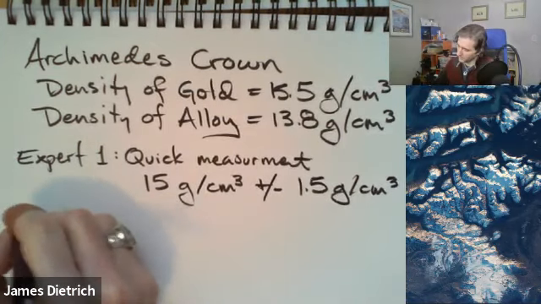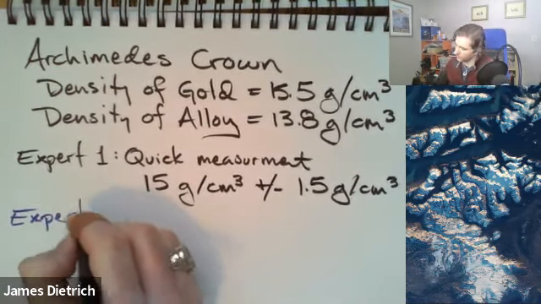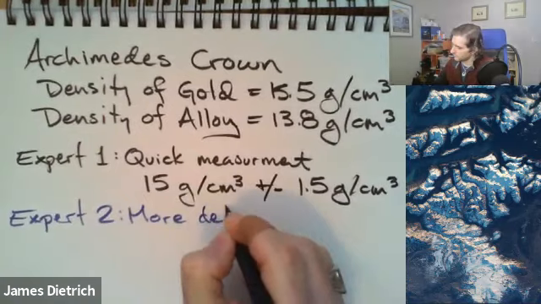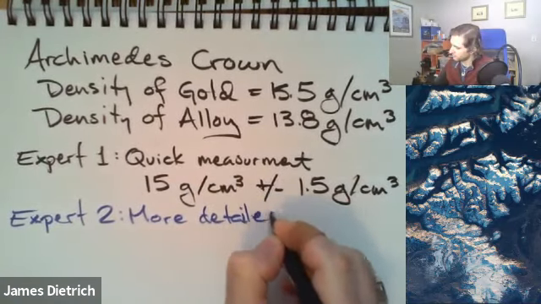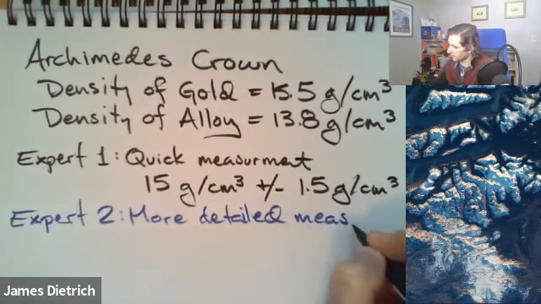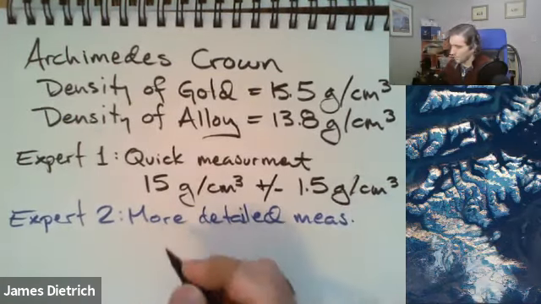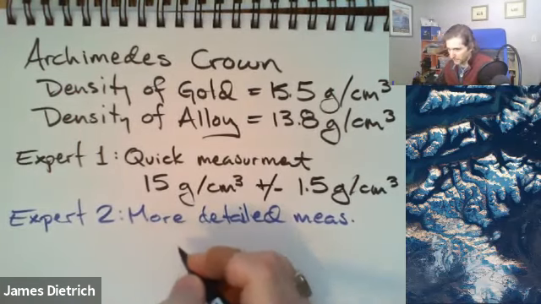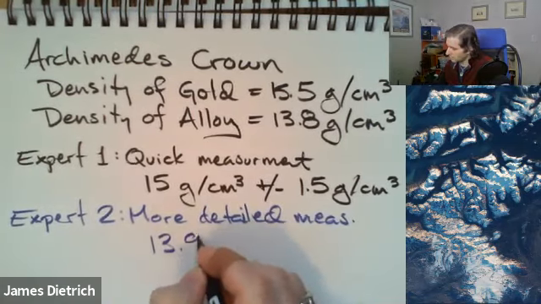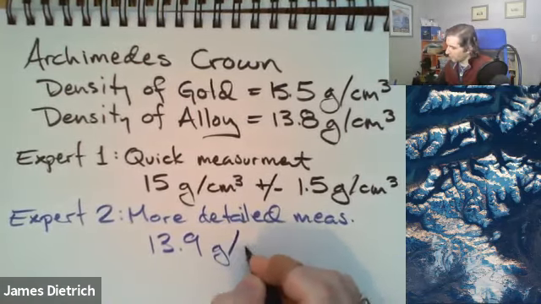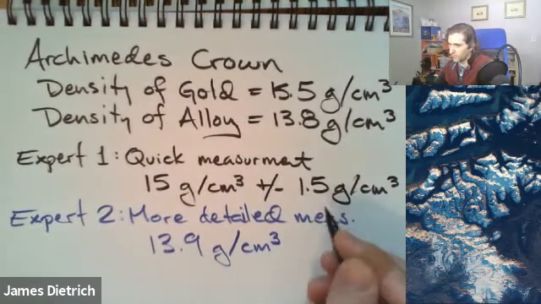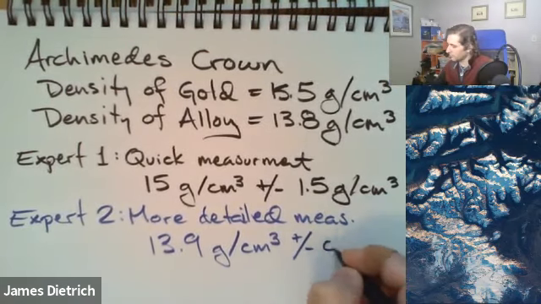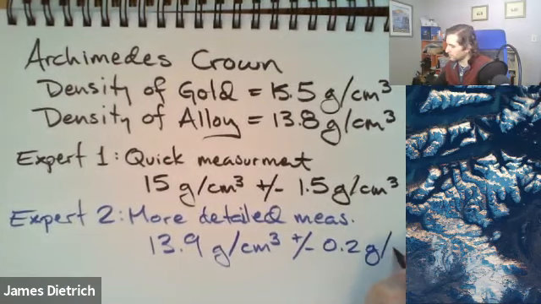Then expert two comes in, a little bit more methodical, and does a more detailed measurement. The second expert says, my best estimate based on my experiments is that the density of the metal in the crown is 13.9 grams per cubic centimeter, and I'm fairly confident in this, plus or minus 0.2 grams per cubic centimeter.